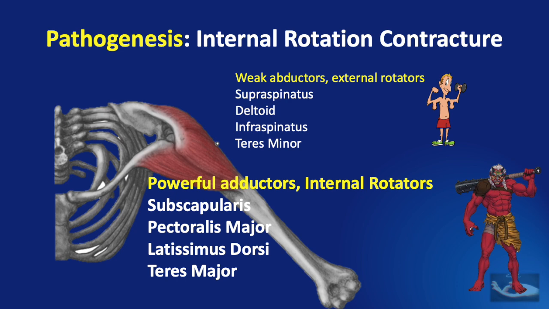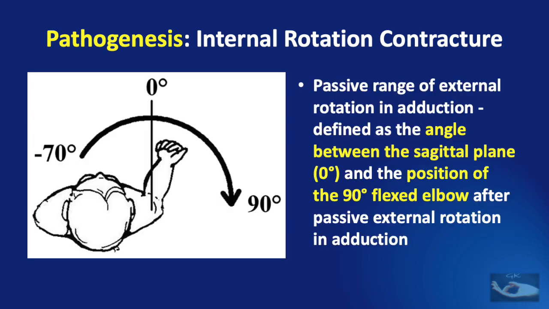So naturally, there is a tendency for positioning the shoulder always in adduction and internal rotation, leading to contracture.